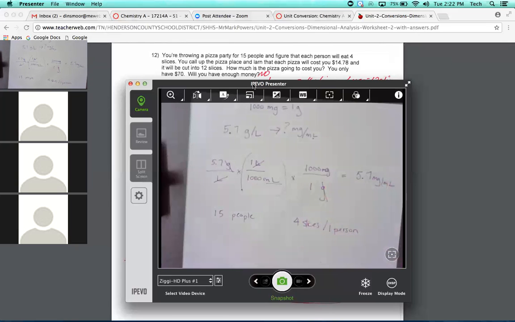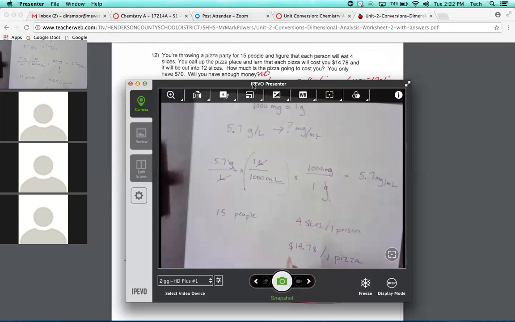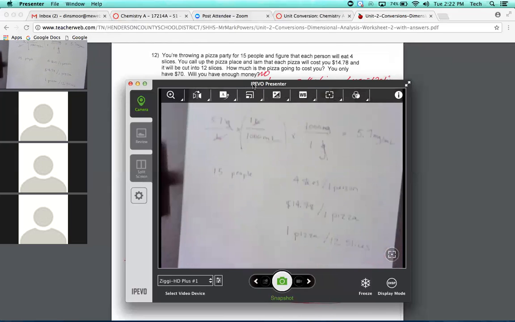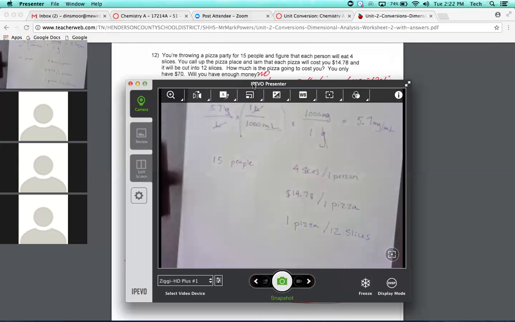We know that it's $14.78 per 1 pizza. And we know that 1 pizza is 12 slices. Okay, so that's all the information I got.